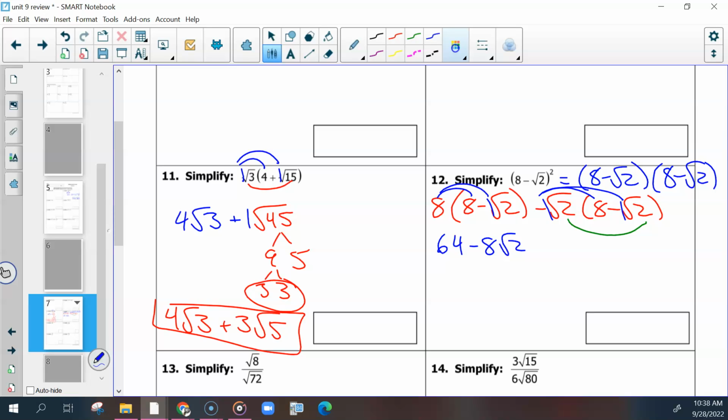Negative 1 times 8 would give us negative 8, but this is attached to the square root, so we have to bring that down. Negative 1 times negative 1 would give us a positive 1. But on the inside, we have 2 times 2, which would give us 4.